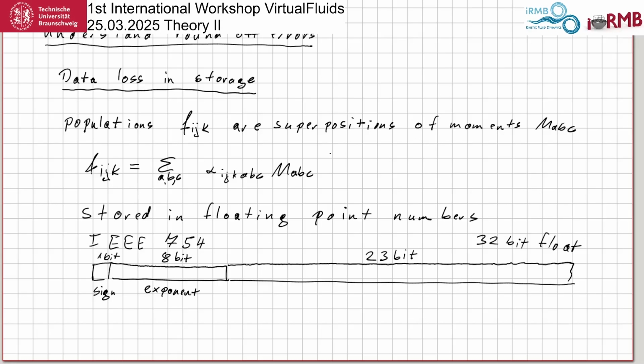So for the purpose of this discussion we are dealing with 32-bit. Here, this is the fraction. So this is where the actual value is stored.